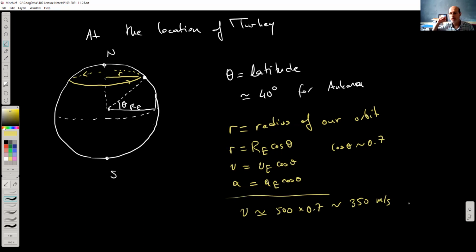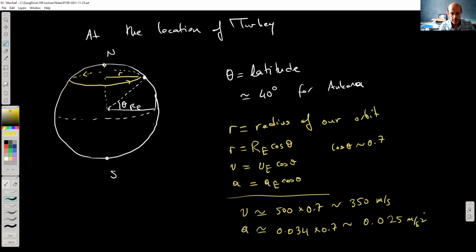Still, we are moving faster than the speed of sound. What about the accelerations? Our acceleration would therefore be 0.034 multiplied with 0.7. So that's going to be, I think, 0.02, I don't know, 5 meters per second squared or something like that.